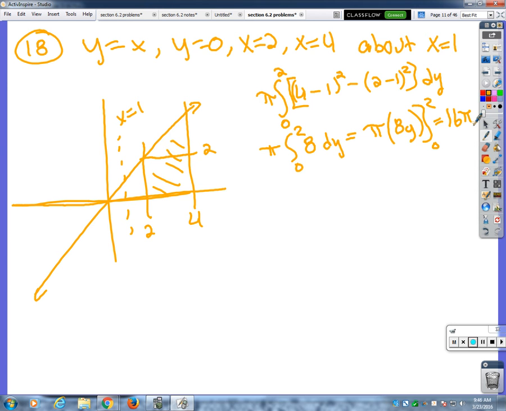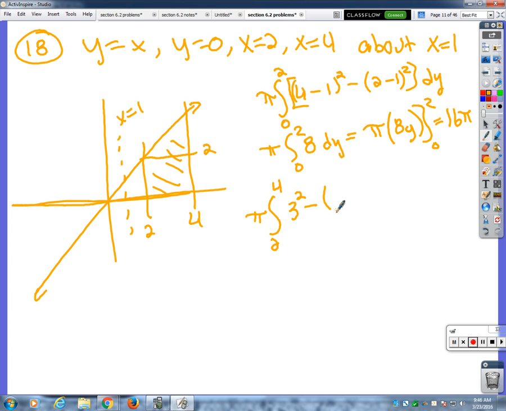All right, now we have to add on to that this part right here. So that's going to be pi times the integral from 2 to 4 of the outside one, which is 4, minus the inside one, which is 1. So that's 3 squared, 9, minus. Now this curve finally comes into play.